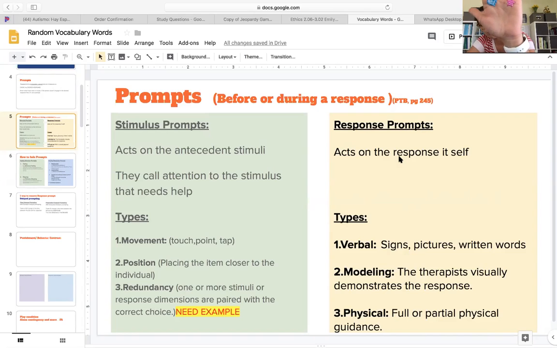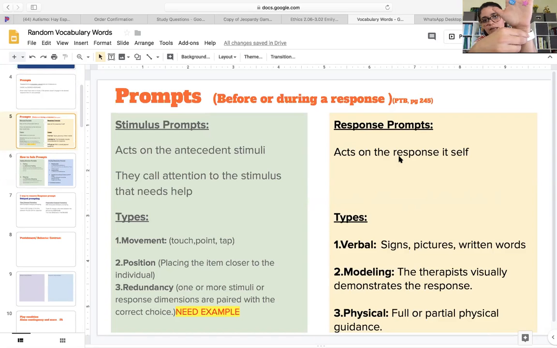How do we do modeling response prompt? This one's gonna be hard for me to do. The watch needs to give it to them. So I'm just gonna shake it in front of their hand and model it. I don't do hand over hand, I just model it. Shake it, make sure the watch is looking at me, and then match.